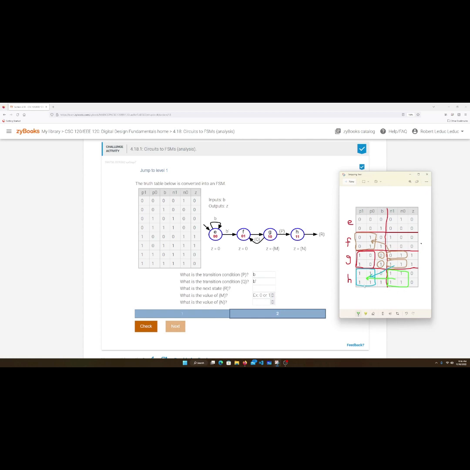So it's just cycling back to itself, and that's for either value of B. That's for either input. So no matter whether B is a 1 or a 0, H is just going to constantly cycle back to itself. So the next state of R here is H.